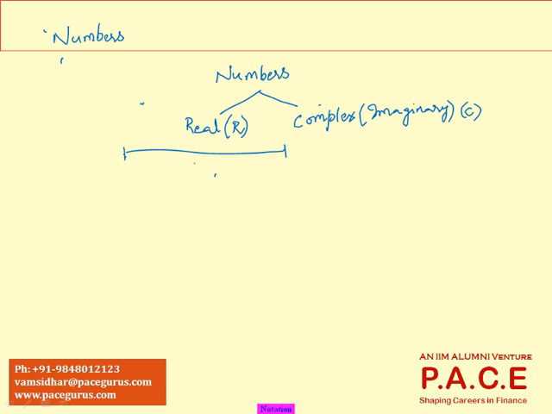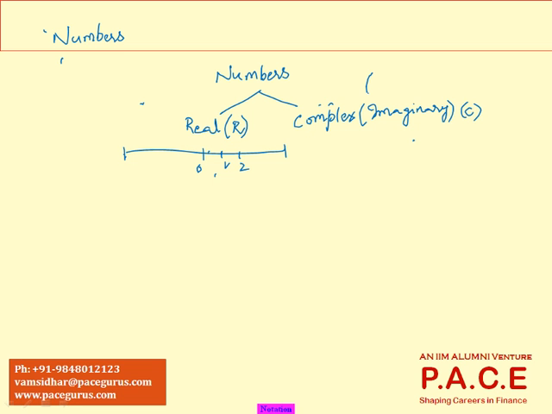Let's say I put a number line like this, starting from 0, 1, 2, and so on. I should be able to mark that particular number on this number line. Then I call those kinds of numbers real numbers. And if I cannot mark them as real, then they become complex or imaginary.